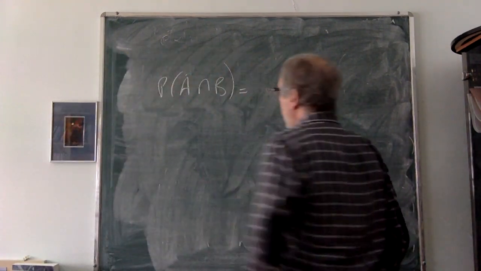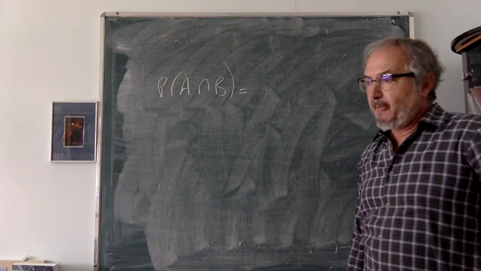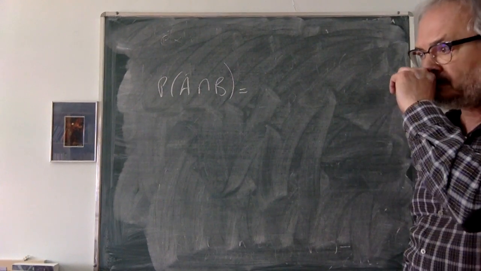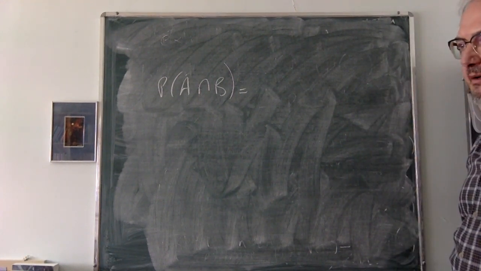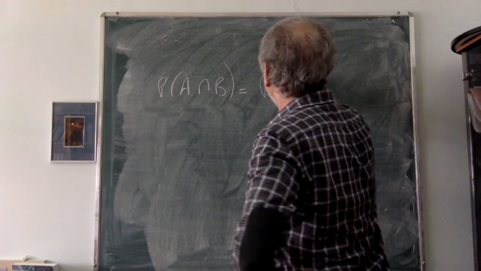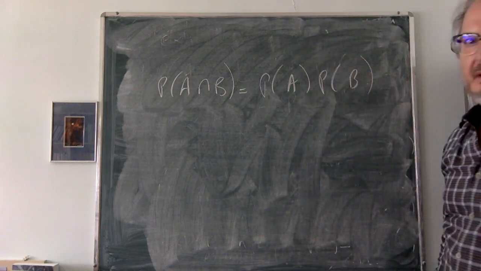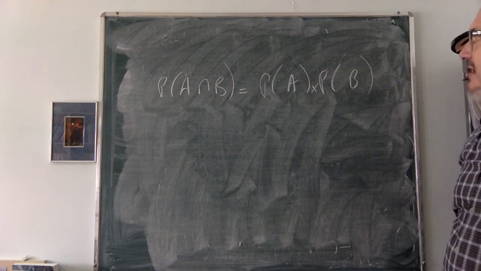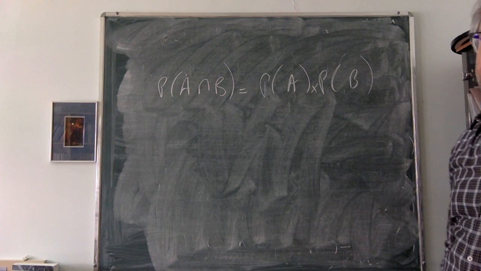What is the probability of A and B? Well, if they're independent, the probability of A and B is the probability of A times the probability of B.